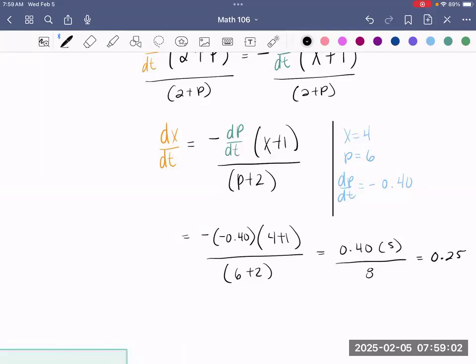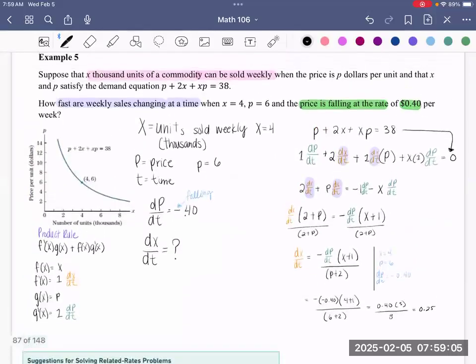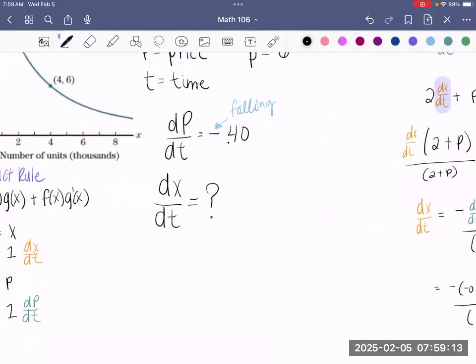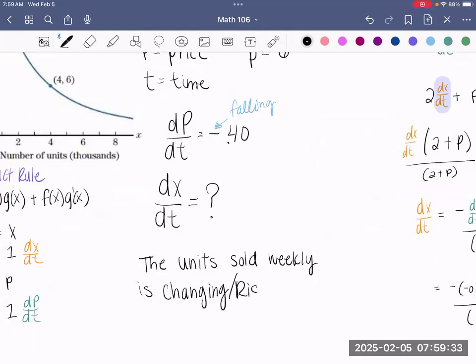Now let's take a look at what that actually means. Keep in mind, we are looking for how fast weekly sales are changing at a particular time. So we could say along the lines that the units sold weekly is changing, or rising. And we can say it's rising because it did not come out as negative. We are going up.